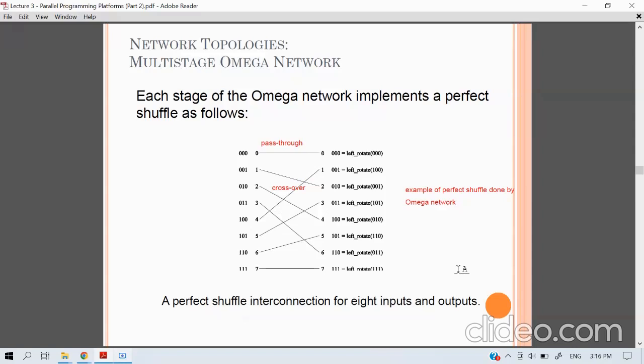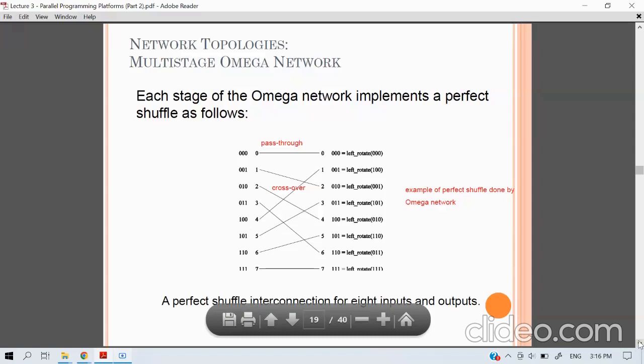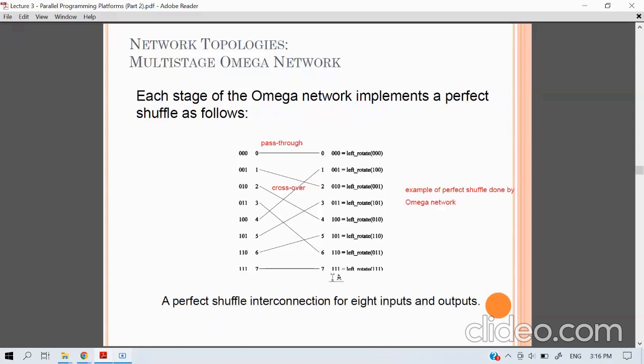As you can see there, the message is passed either by using the pass-through or crossover approach. Pass-through is the straight line, used when the addresses of the source and destination are similar. And crossover is used when the addresses of the source and destination are different.